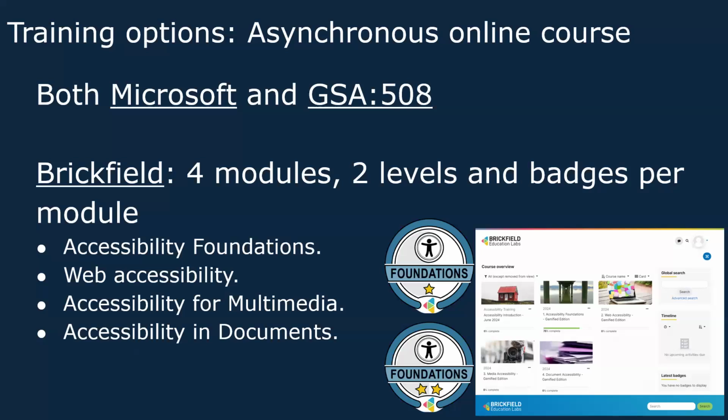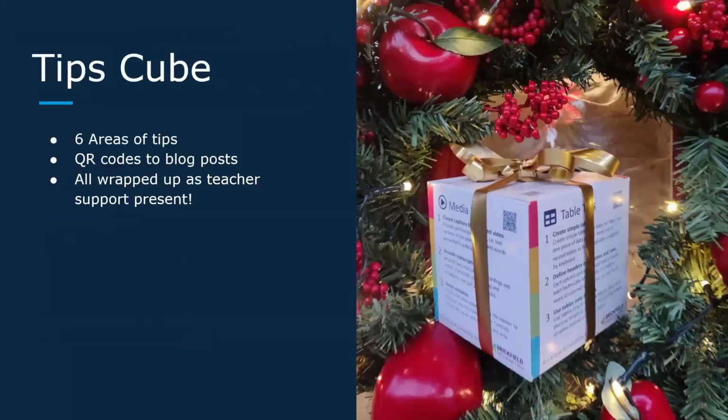But of course, then you've got asynchronous online courses, be it Microsoft, GSA, and there's 4 modules we do there. And as you see in the bottom corner, there is an image there of our Brickfield Academy Moodle site, and we issue badges for the 2 different levels to help promote and gamify the learning experience. The key thing is they can then provide this record of, hey, we've trained staff, but training for students and staff is really important.